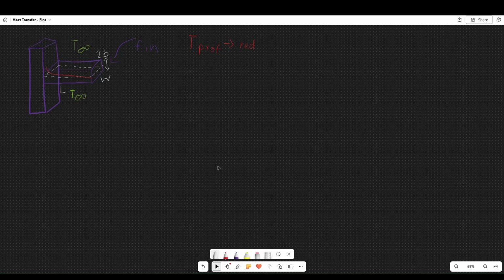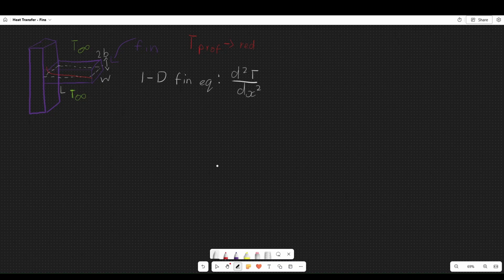Okay, so now that we have a basic intuition of how a fin works, let's get into the math of it. So we have to start off with the 1D fin equation. Since we're only going to be dealing in the x direction, usually this would be a PDE, but now this becomes a total derivative, so it's an ODE.